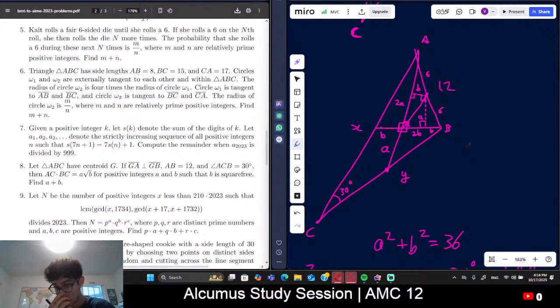So this will be 6a times b or 2a times 3b. Whoa, that's definitely not right. That has to be wrong. Okay, let's go back to the drawing board. We know that the area of a triangle is AB. If that's the case here, then the height there has to be.